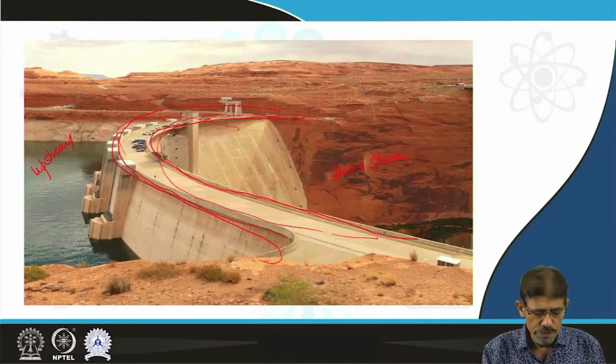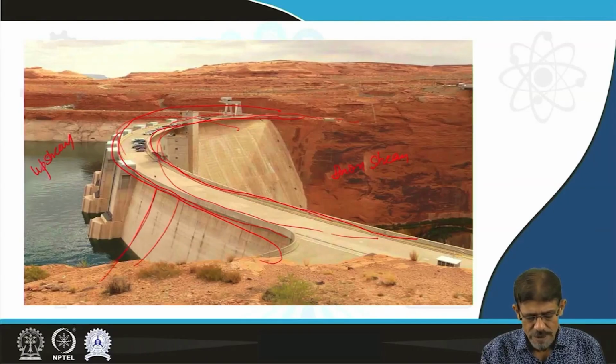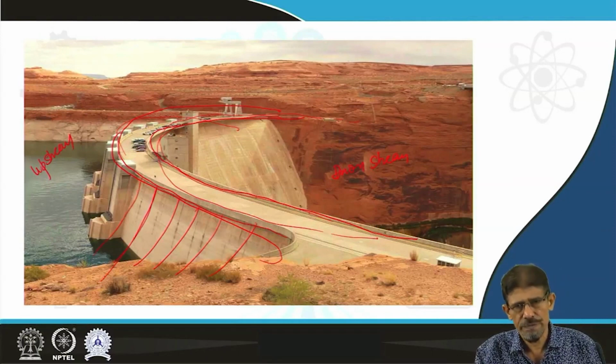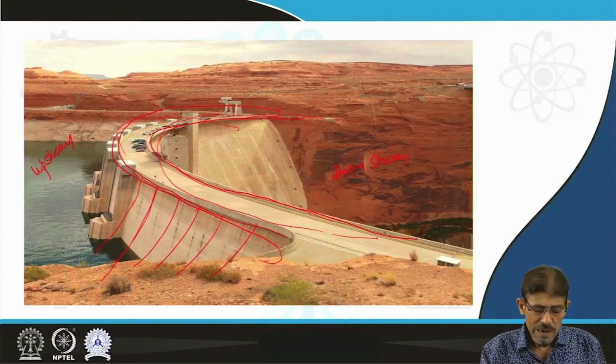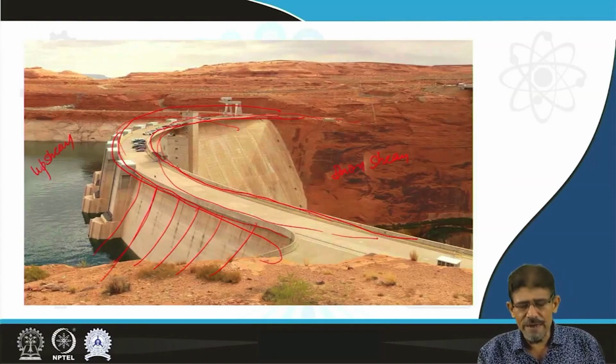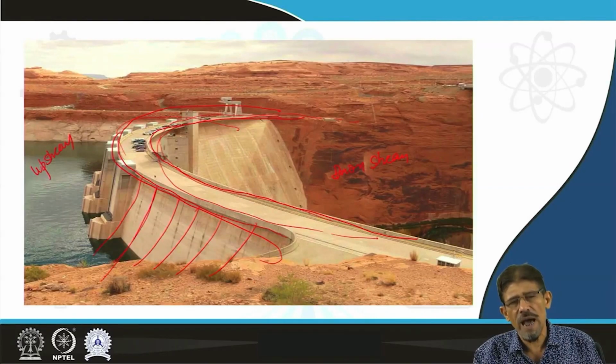Similar to the gravity dam, this type of dam is also made up of concrete or masonry, or sometimes steel also. As the name indicates, the principle of stability of this structure is based on arch action.